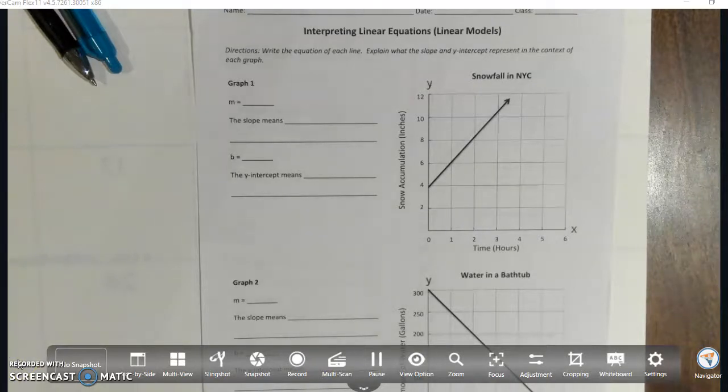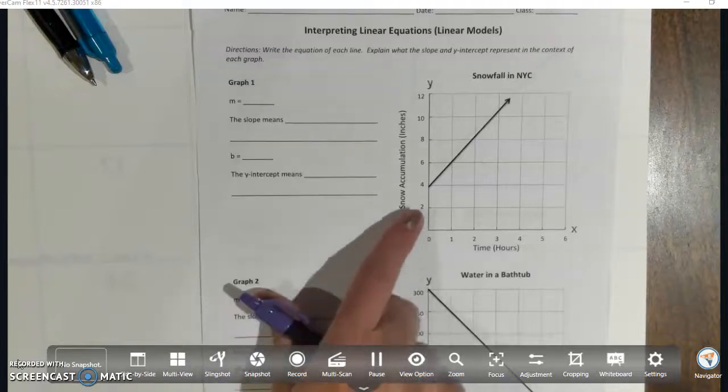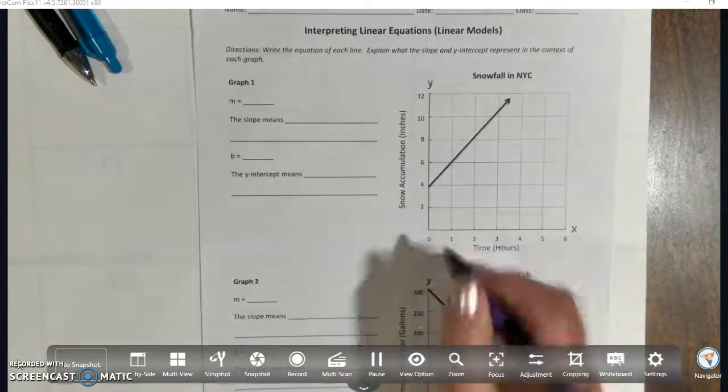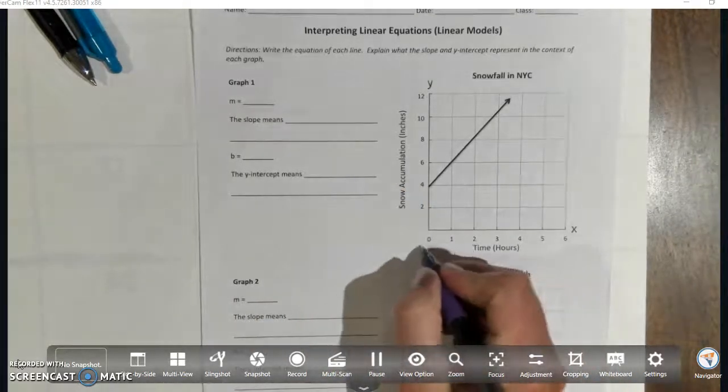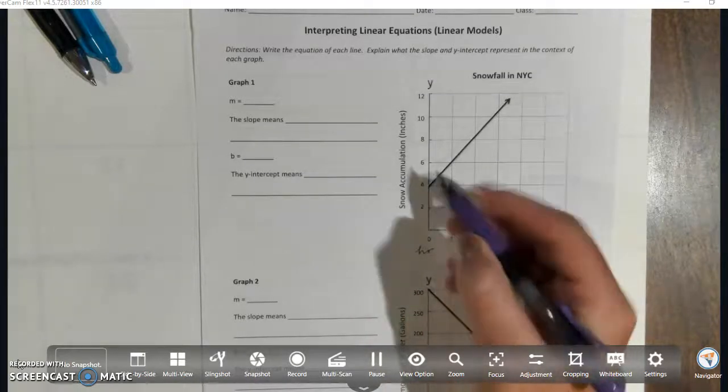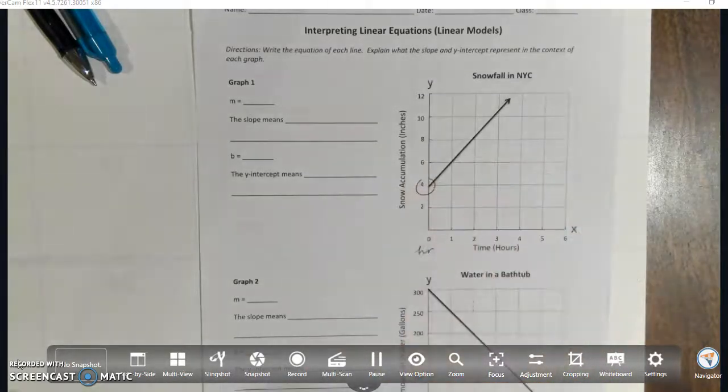In this picture, you are seeing that the snowfall seemed to be starting at a certain value already. So at 0 hours, make sure we understand this is your hours, at the beginning of the graph, this is how much snow was on the ground. Accumulation. This is how much it was there.